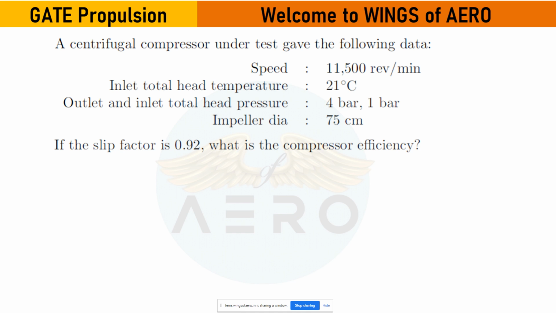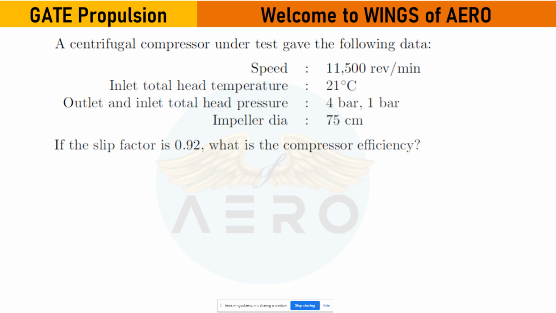Then inlet total head temperature is 21 degrees Celsius. Outlet and inlet total head pressure have been given as 4 bar and 1 bar. Then the impeller diameter has been given. If the slip factor is 0.92, what is the compressor efficiency?